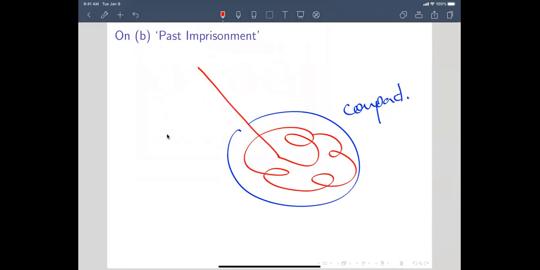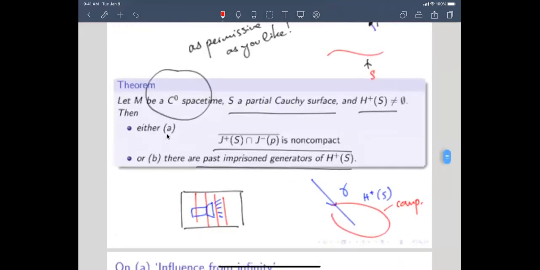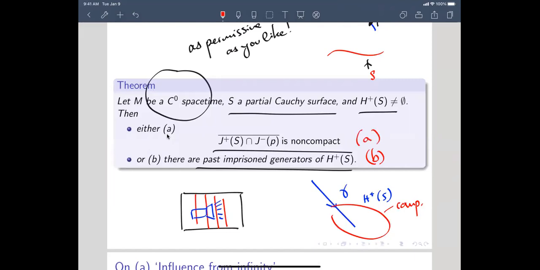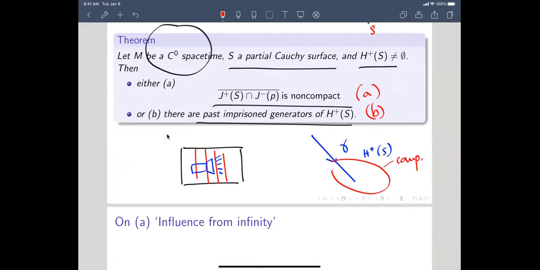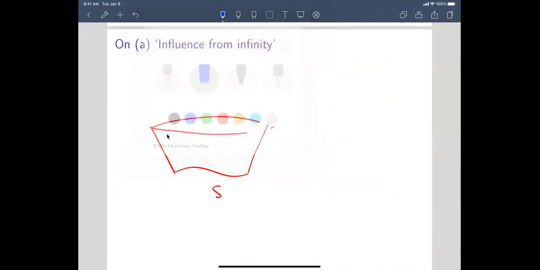So either this happens, that's option B, or option A happens. And option A, you'll notice, is a slightly weaker conclusion than what was said before, namely J minus of P intersect S is non-compact. That means that if this is the initial data S, we take the future cone of S. We have some Cauchy horizon somewhere up in there.